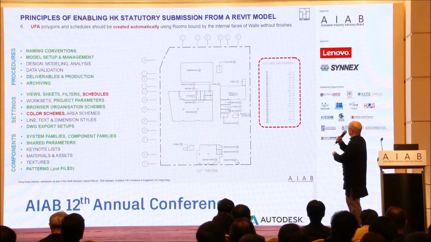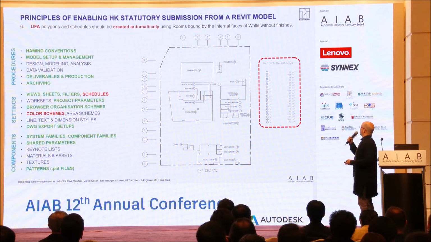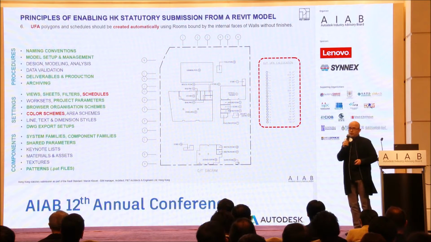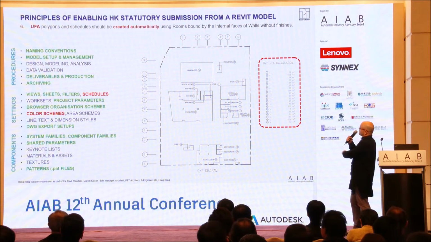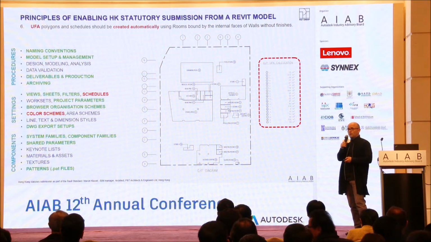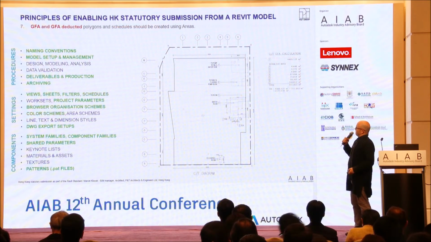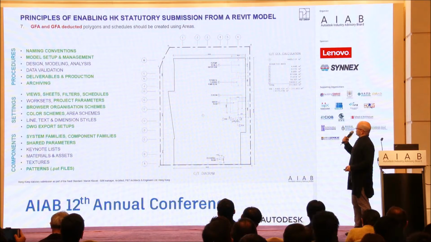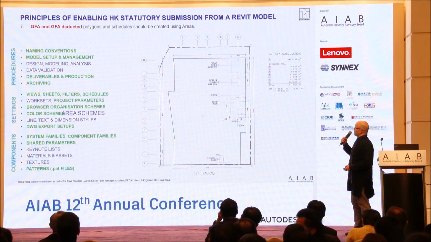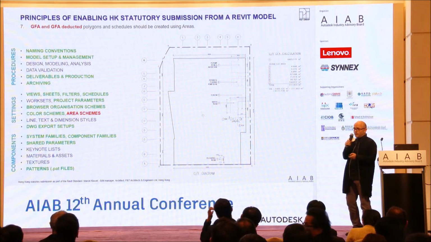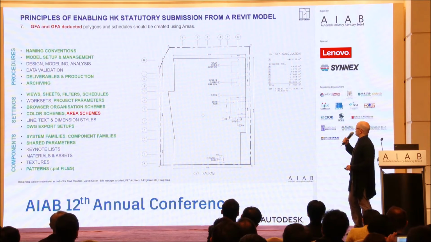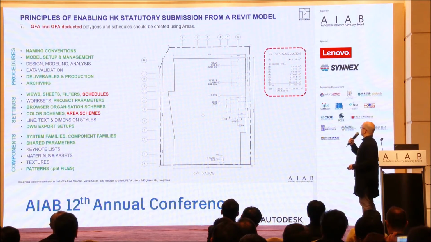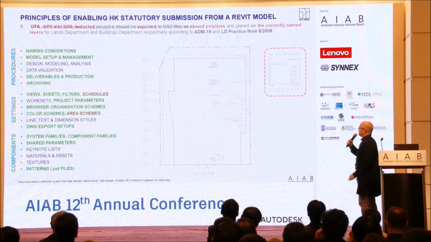And schedules, which are responsible for listing out all the GFA areas of a given floor. So those schedules are also predefined in a Revit standard. In case of GFAs, we use area schemes. That's another component of the Revit standard, and obviously schedules as well.